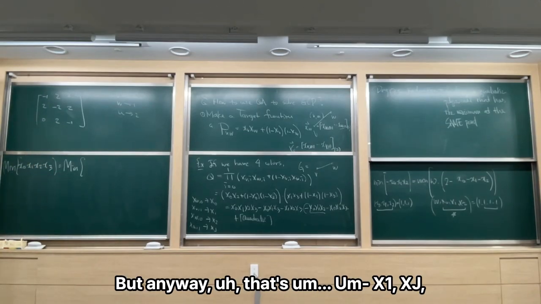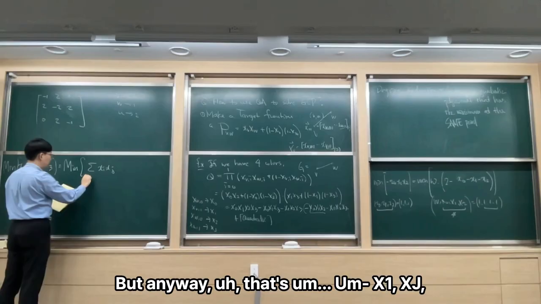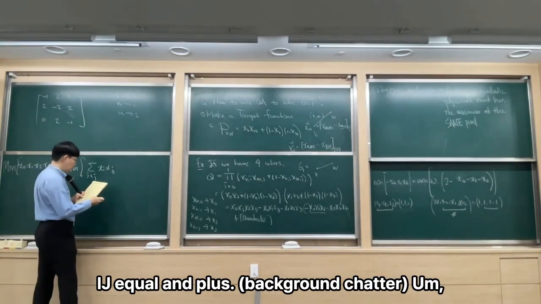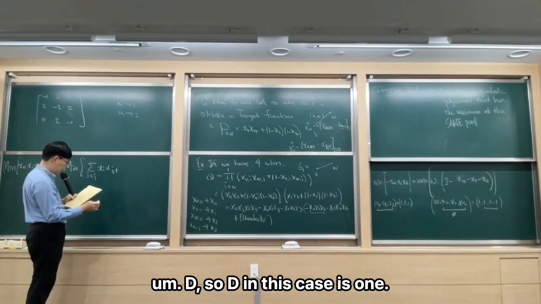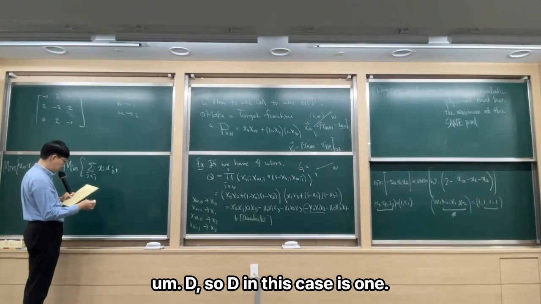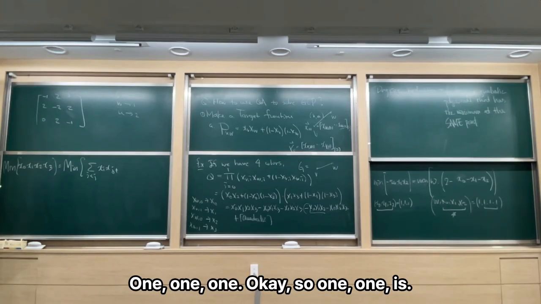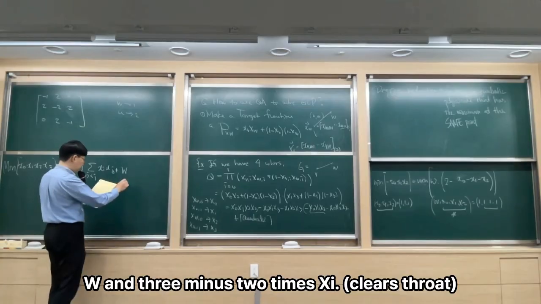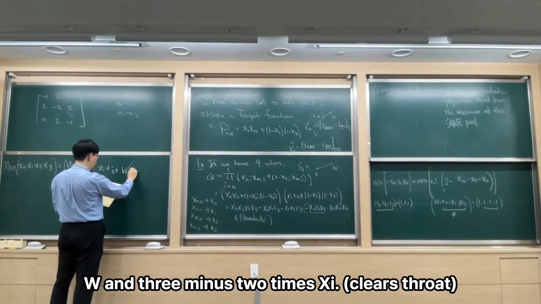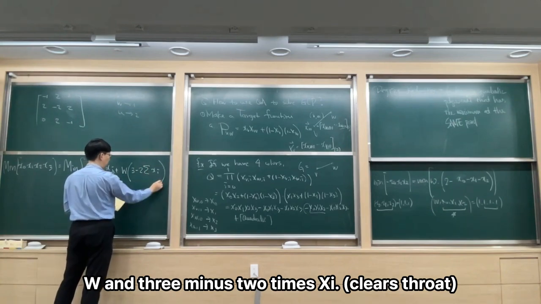Anyway, the sum over xi xj with i not equal to j, plus d, so d in this case is 1, 1, 1, 1. Okay, so there is only one W here, and 3 minus 2 times xi.